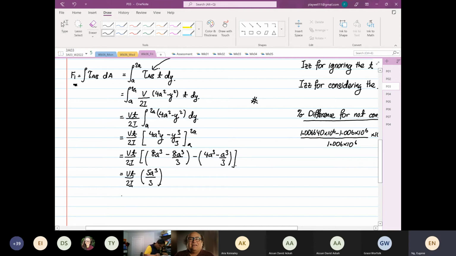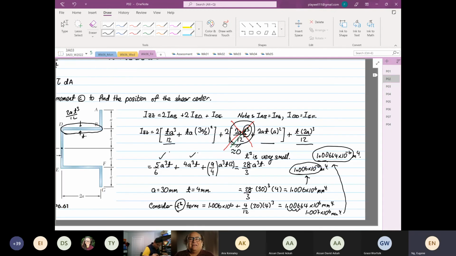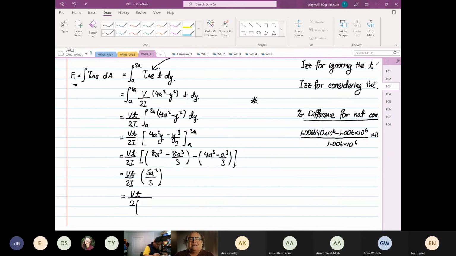So we found our I. So it's Vt over 2, and our second moment of area, which we found earlier today, is 28a cubed t over 3. Then we're going to multiply by 5a cubed over 3 over here.